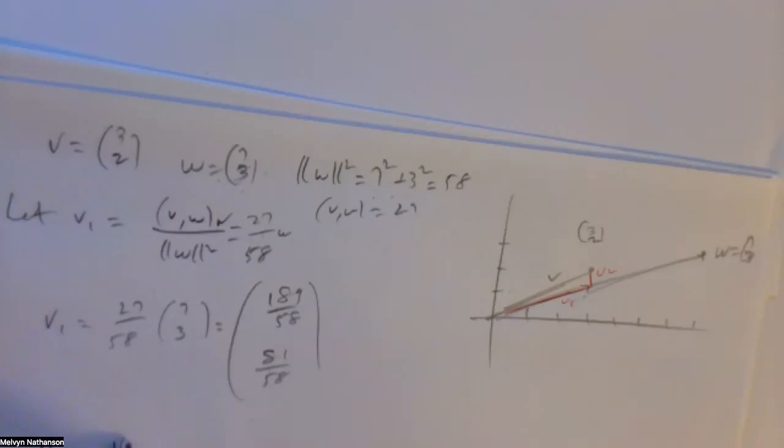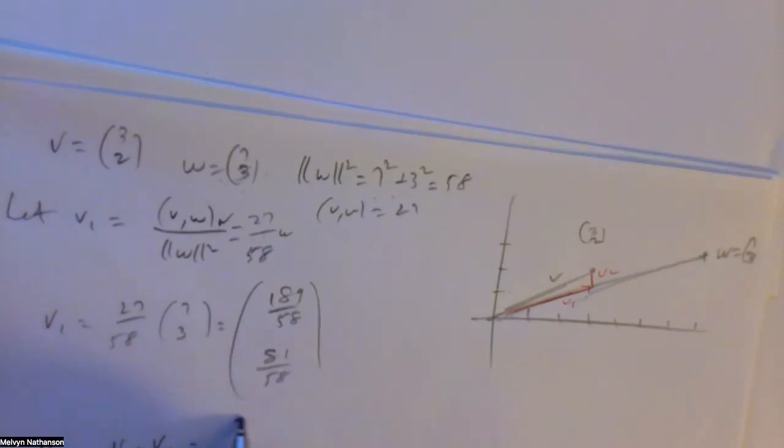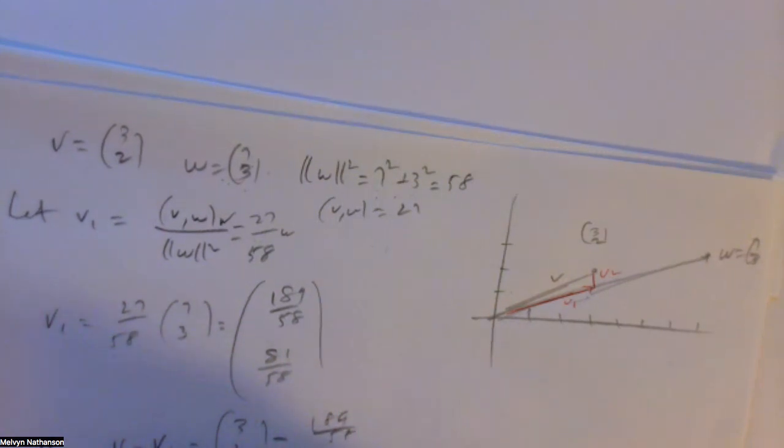And v2 is v minus v1. That's 3, 2 minus 189 over 58, 81 over 58.